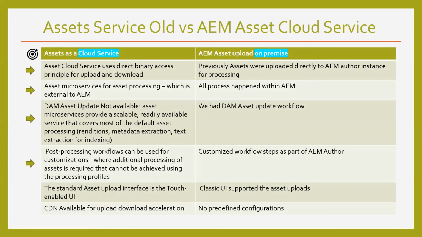There is a new post-processing workflow which can be used for customizations where additional processing is required. Previously, customized workflows were part of AEM with default workflows. In Assets as a cloud service, the standard asset upload interface is touch-enabled UI, but in previous versions, we had also the classic UI support. Now there is a CDN as part of the cloud to accelerate the upload and download. In older AEM, no such predefined configurations were available.